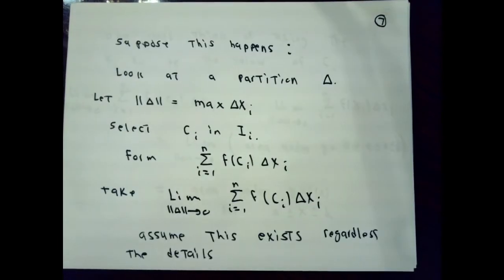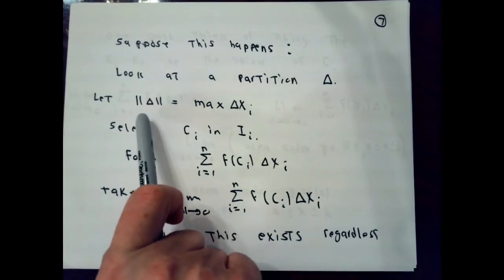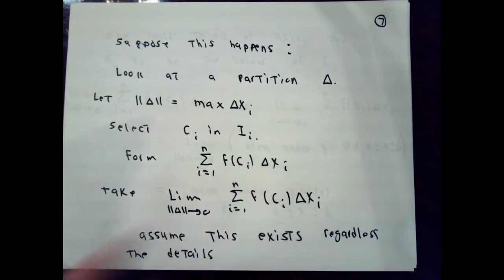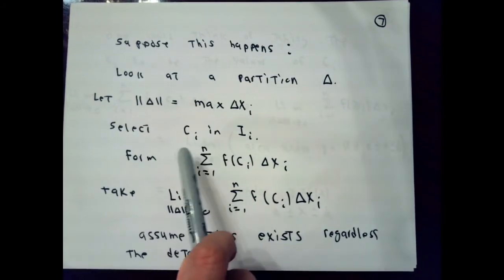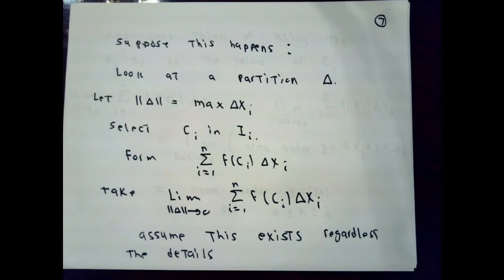What comes next is asking a lot, but suppose this happens. You set up one of these partitions. You let the norm of the partition be the biggest of the delta xi's. For each subinterval, pick an x number, not necessarily gamma I, just one of the ci numbers.